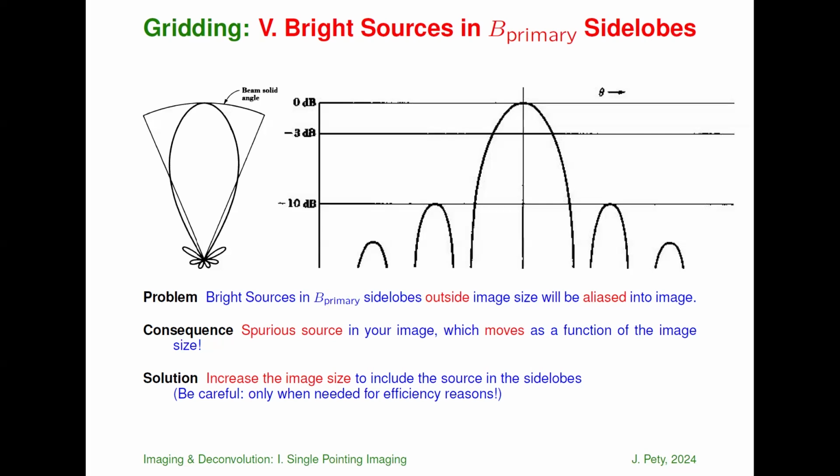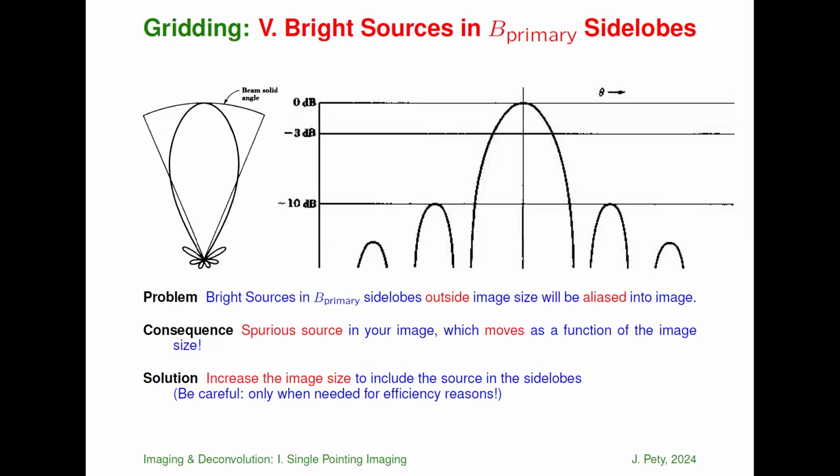at one of the side lobes of your primary beam, all of a sudden, by doing twice the image size, the primary beam size for your image, you will have a source that appears. So it's bad because you cannot do science on this one. It's a spurious source.